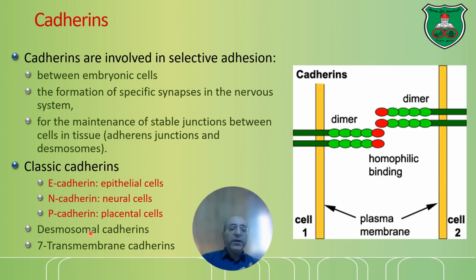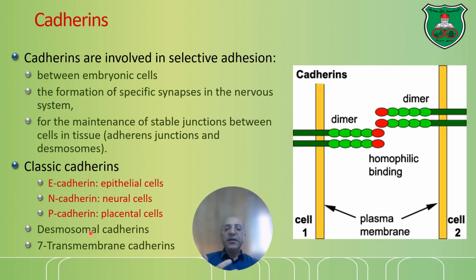Now, why do I want you to know E cadherin? Because it exists in epithelial cells. So it allows cells to connect with each other. If they lose this interaction, they become mesenchymal-like. They become elongated. They become motile.